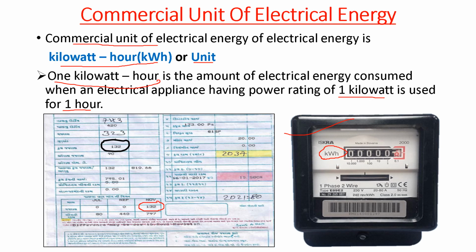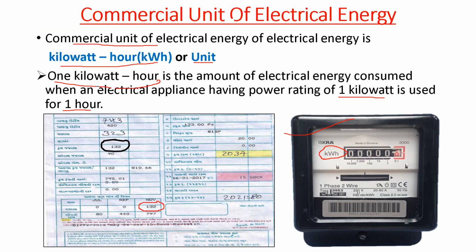Because the appliances we use have higher power ratings, and even in industries the machines use a lot of power, and that is why the higher unit of power, kilowatt, is used. So just keep in mind that the commercial unit is kilowatt hour.